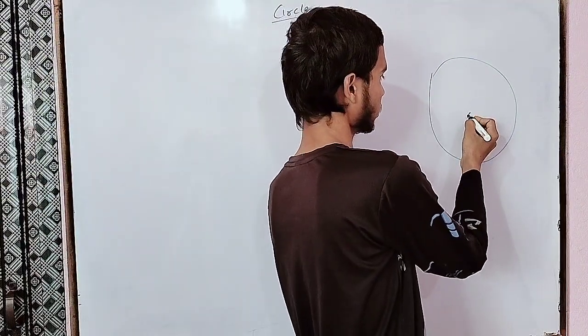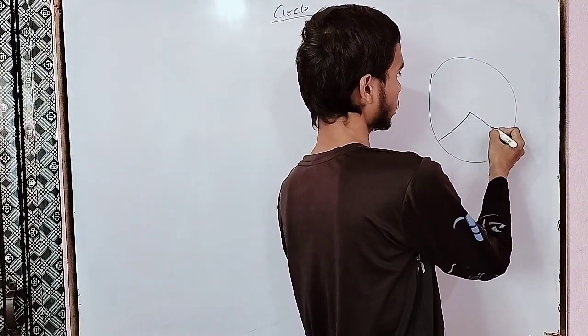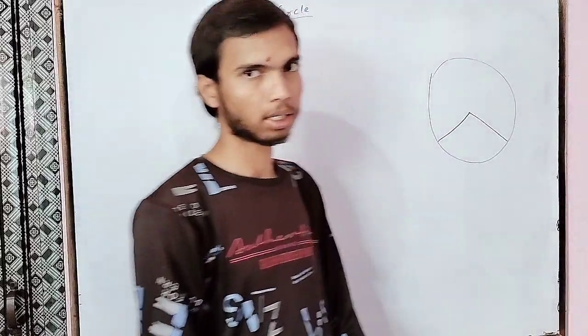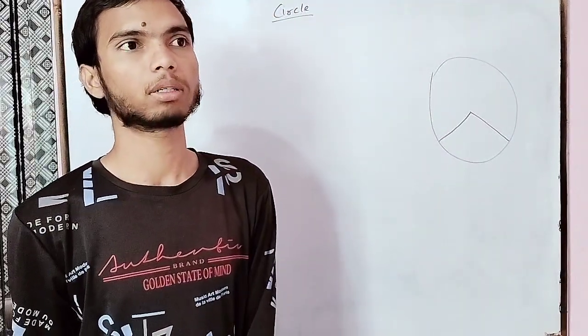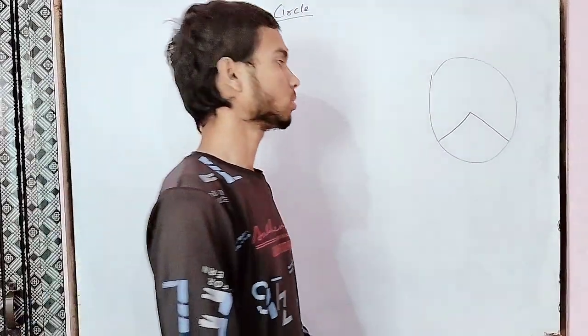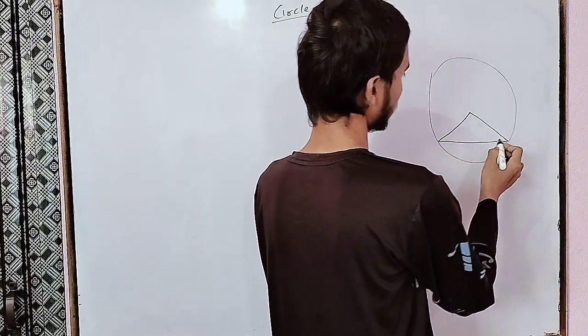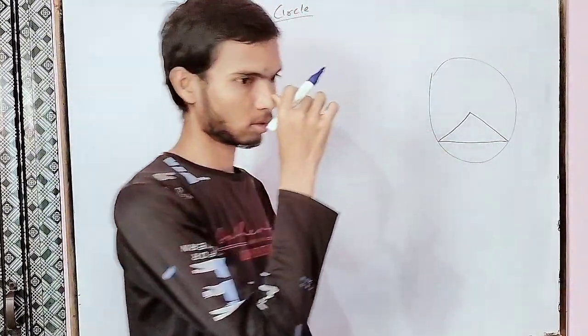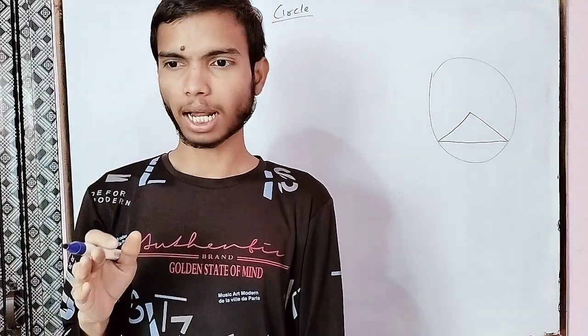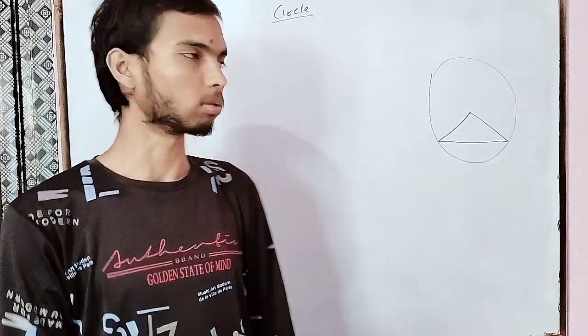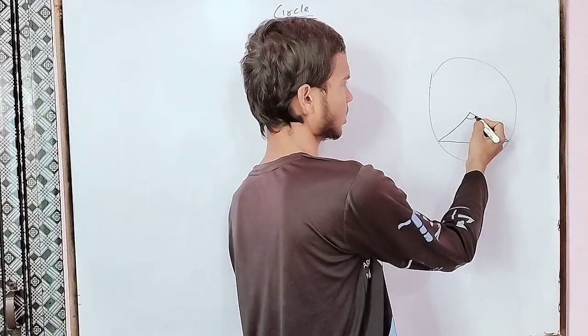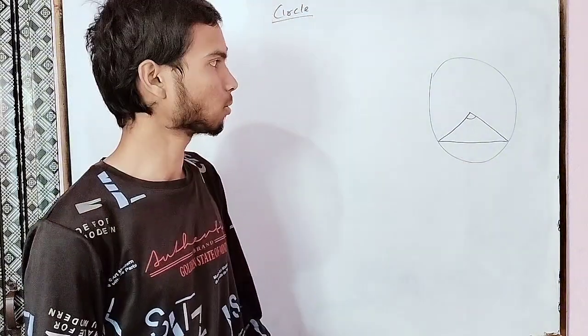Now, how many angles can be subtended? Here you can see one angle is forming.